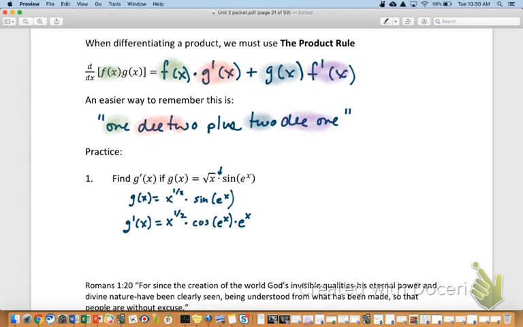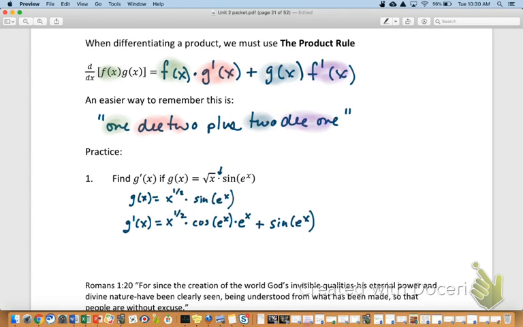So that's 1d2. Now, to complete my product rule, I have to do plus 2d1. So Cole, what's my 2? It would be sine e to the x. Yeah, sine of e to the x. There's my 2. And then I have to finish this off by multiplying by d1.